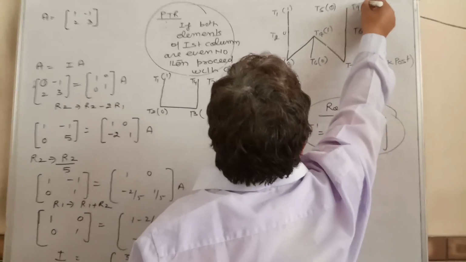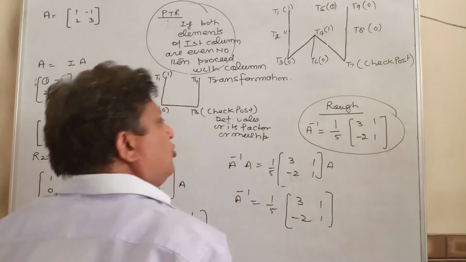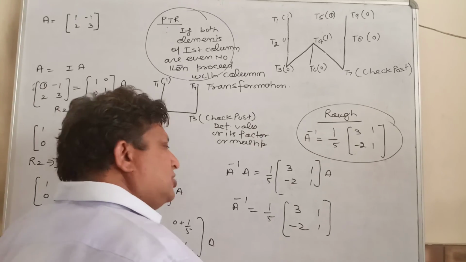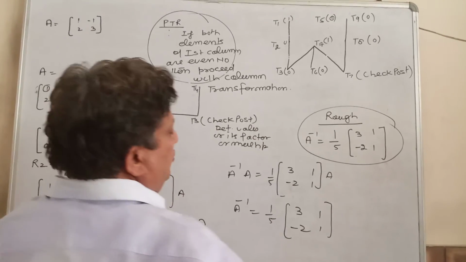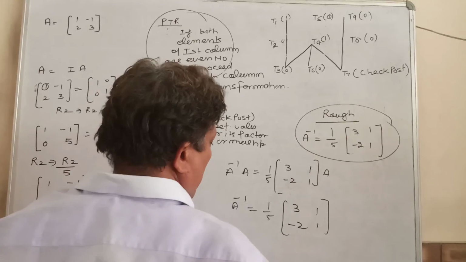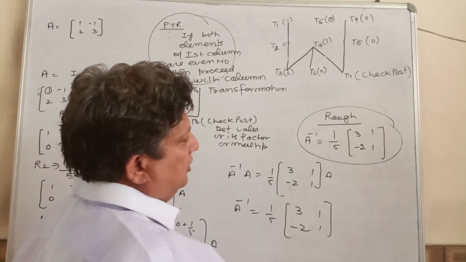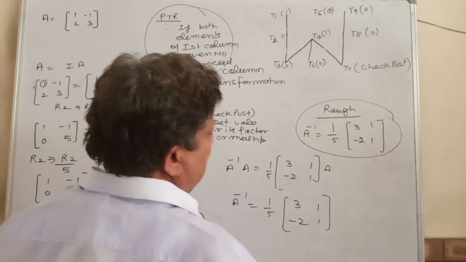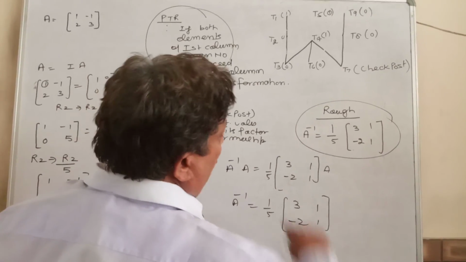This is 0 and this is 0. So this is the W method for calculating the inverse of a matrix by elementary transformation. So first calculate the determinant value in rough for the answer and then proceed further. We will discuss 3 by 3 elementary transformation in the next lecture for the inverse method.